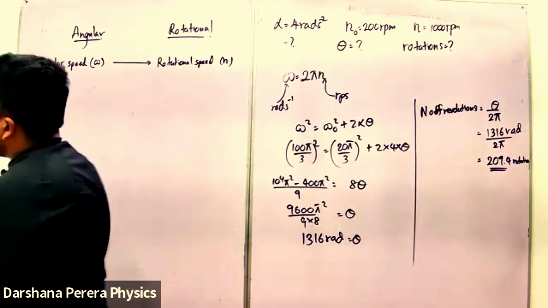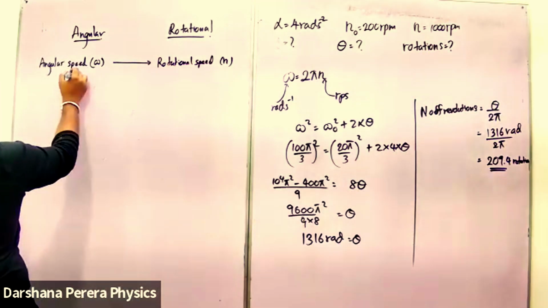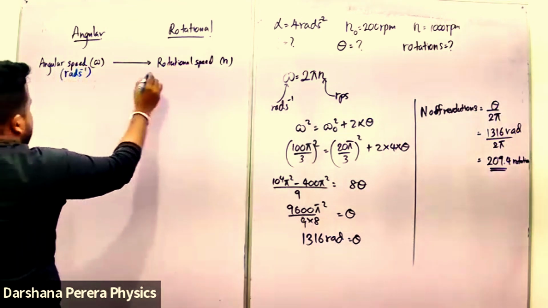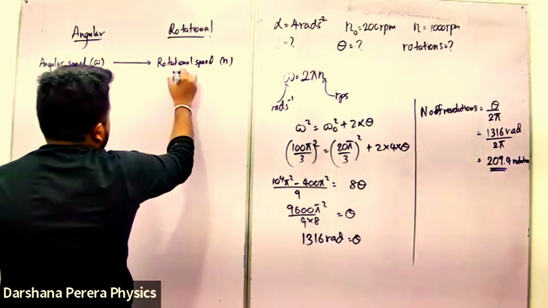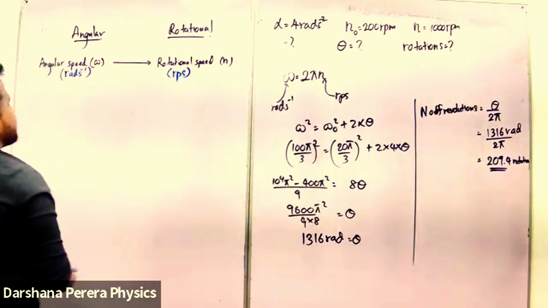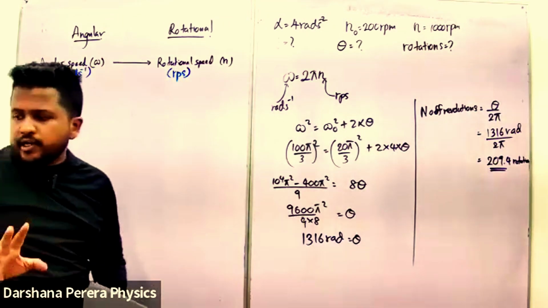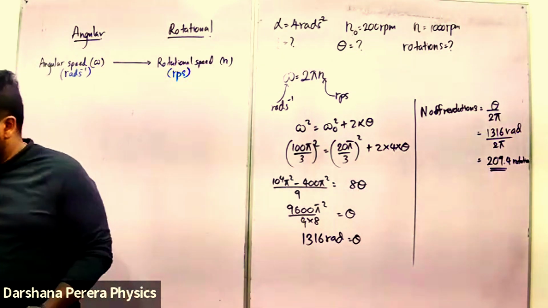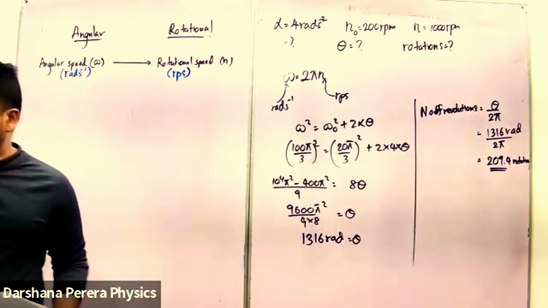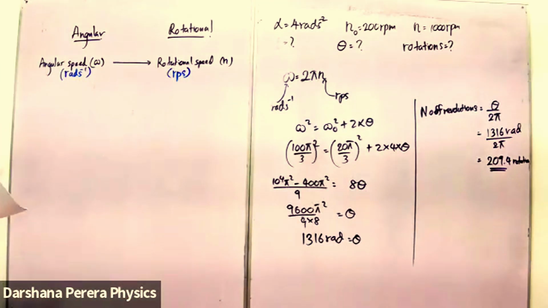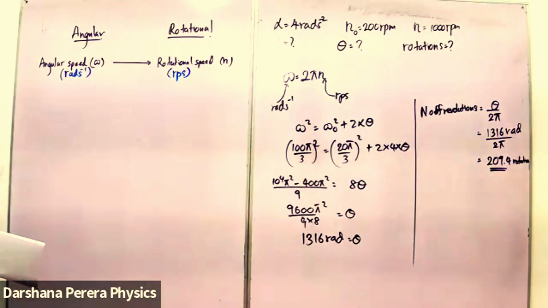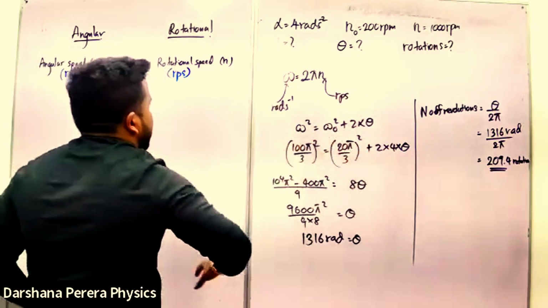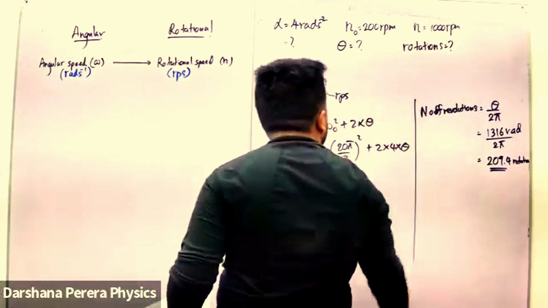The unit of omega is rad s minus 1; for n it is RPS. We can simply modify these equations to get the rotation in one equation, using the rotational values, so we can take the number of rotations.